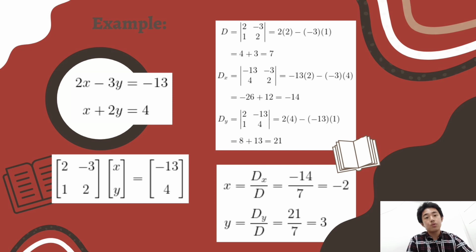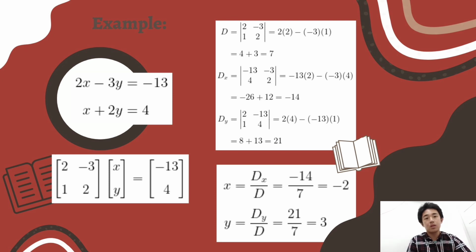Next, we look for Dx. We put the negative 13 and 4 in the first column, and negative 3 and 2 in the second column, which we got from the matrix we already have, 2, negative 3, 1, and 2.